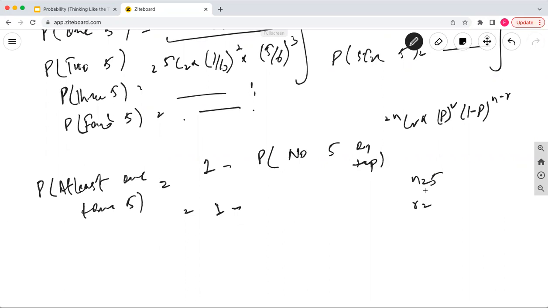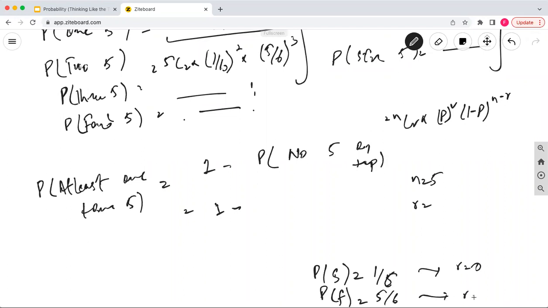r depends on what I'm considering. For example, if I consider getting 5 as a success, that means the probability of success will be 1/6, and the probability of failure is 5/6. And for this, r will be equal to 0.